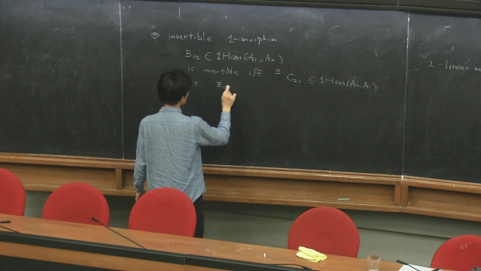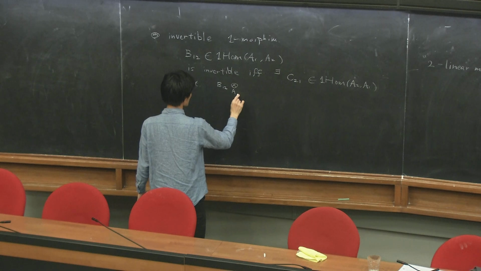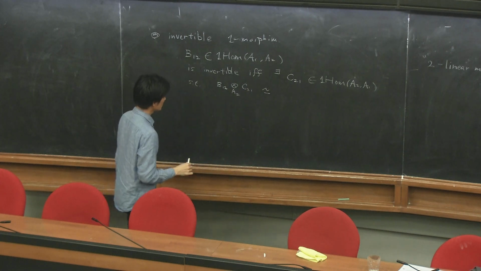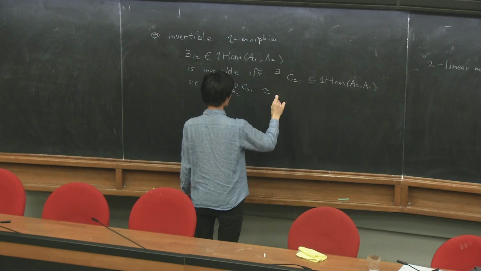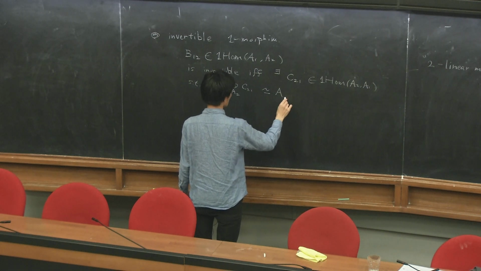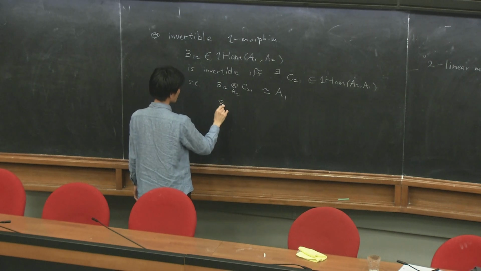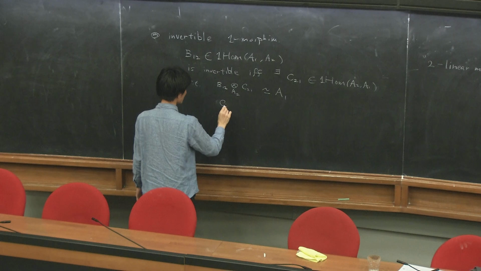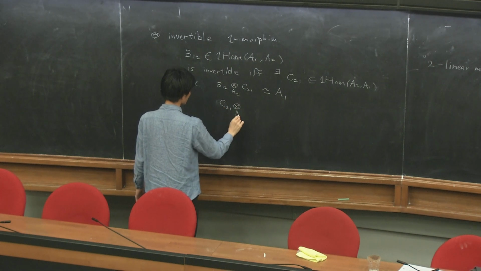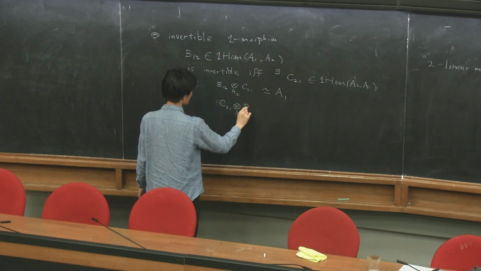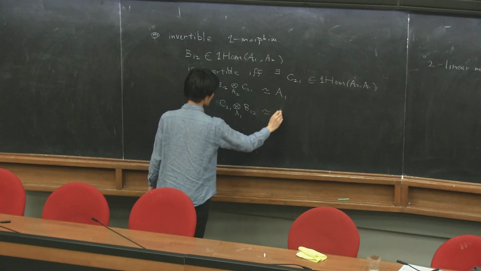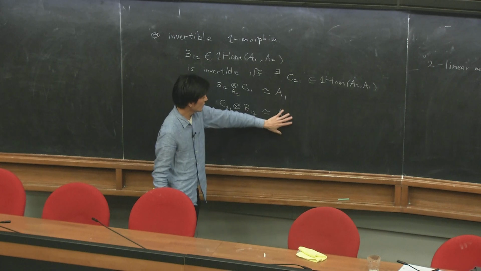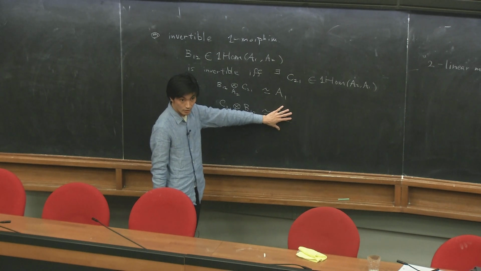So we can compose in this way, this is A1, and C21 tensor product over A1 and B12, and this is it. Recall that the A1 and A2 are the identity morphisms.